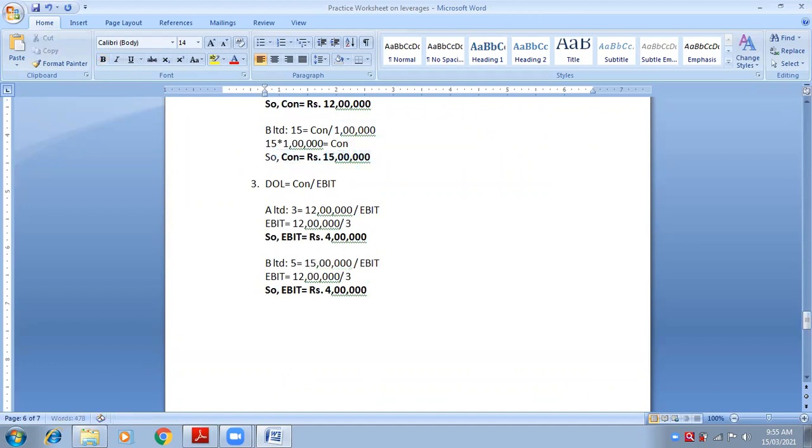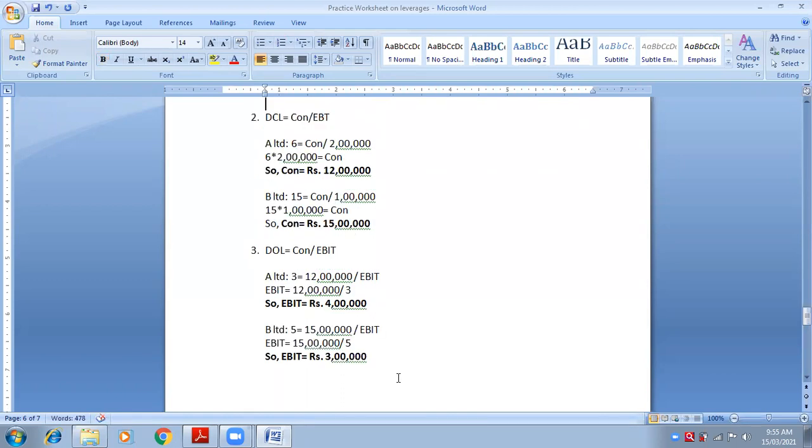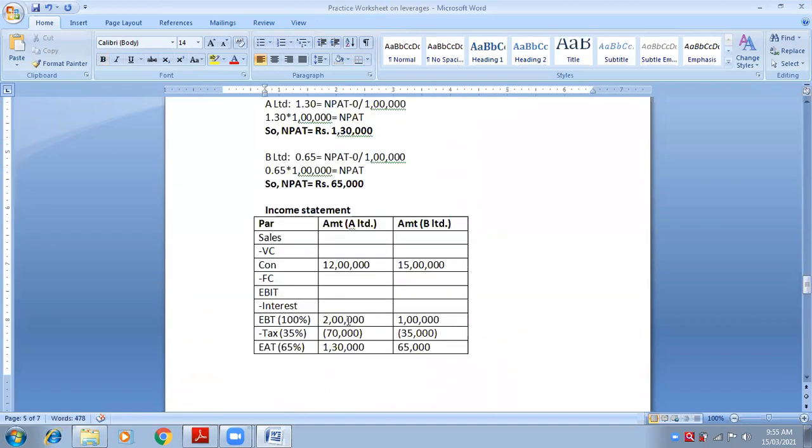So now EBIT is equal to 15 lakhs divided by 5. 15 lakhs divided by 5, EBIT is how much? 3 lakhs. So EBIT in case of A Limited is 4 lakhs and B Limited 3 lakhs.